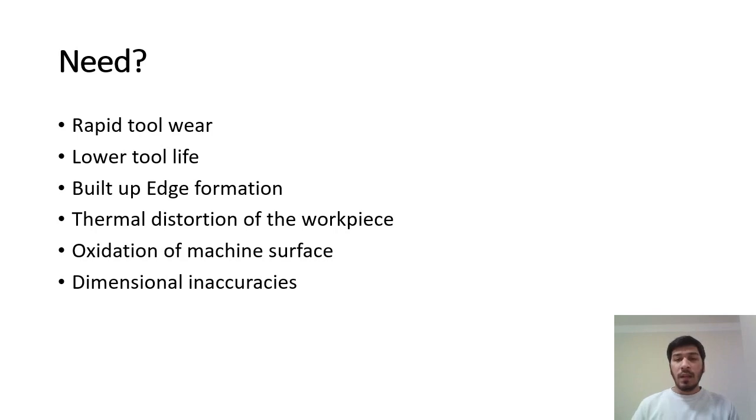Okay, so temperature is definitely an important one, and we need to have very clear strategies to identify the temperature in machining processes, and therefore we have different methods to do it.